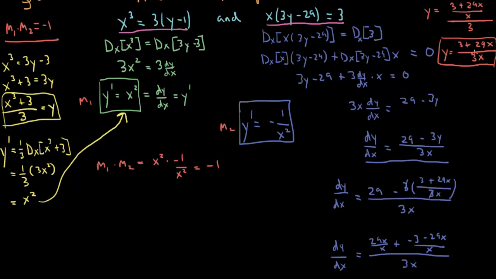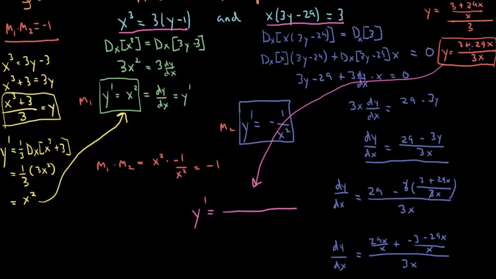Let's try this one. Now that does require a quotient rule, because we have a variable in the bottom and a variable on the top. So let's take that and see what happens. Okay, so let's do this derivative. Let's do it in pink, I guess. That's fine. So let's go over here, and let's say y prime equals, actually, let's give ourselves a little more room. y prime equals, okay, we have a big fraction here.